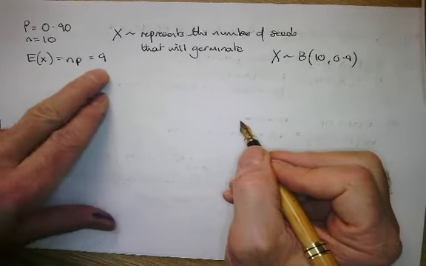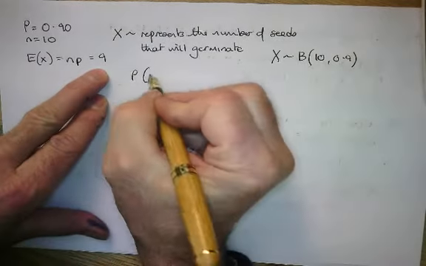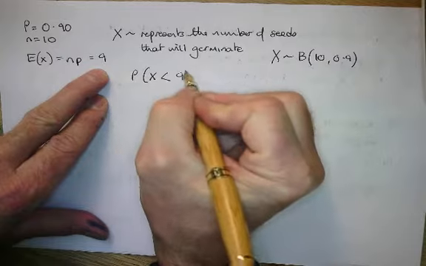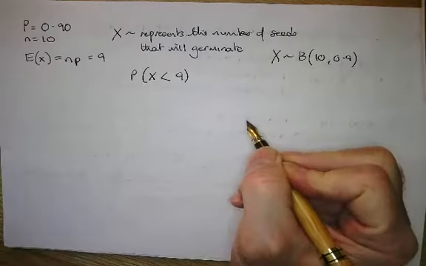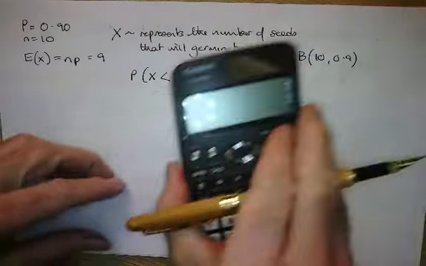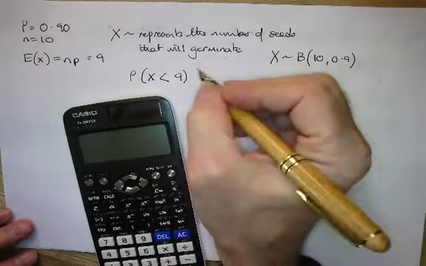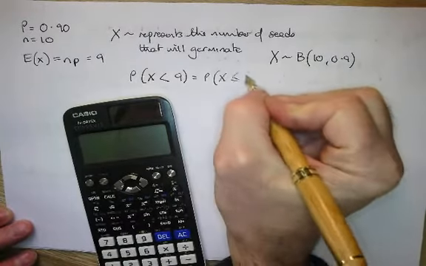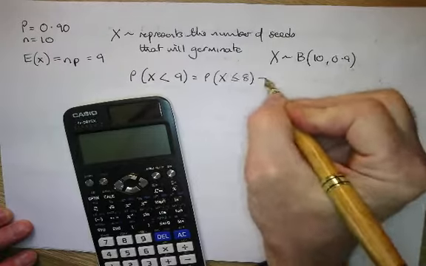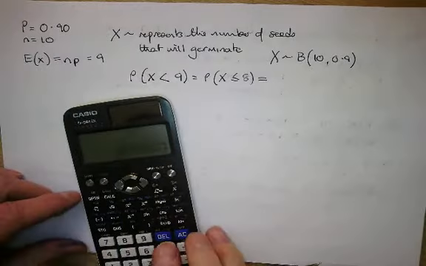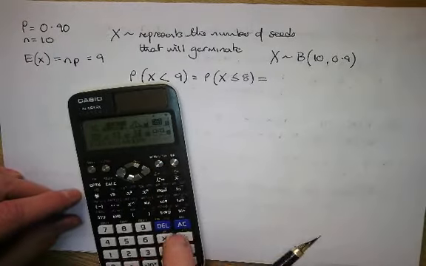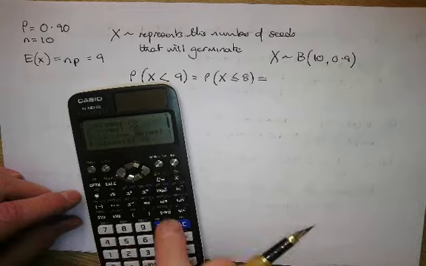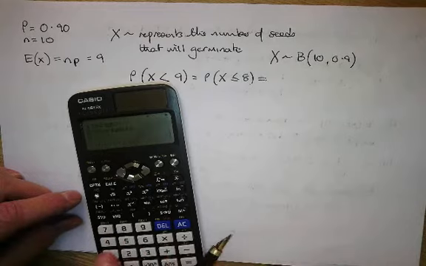So if the expected number is 9, I want the probability that x is less than 9. On my calculator, it does less than or equal to, so that's going to equal, because it's discrete binomial, I do 8 like that, and I just put it onto my calculator. So I go to mode. Boy, it's windy today.